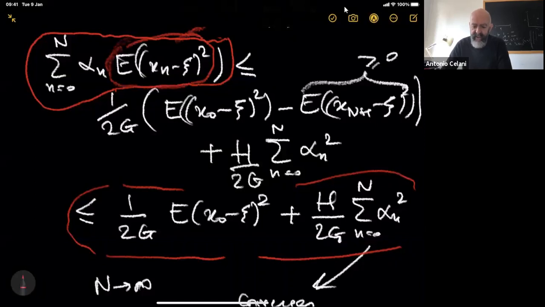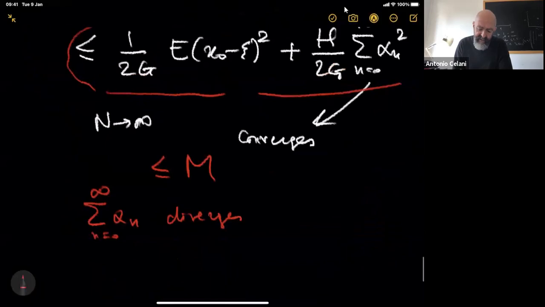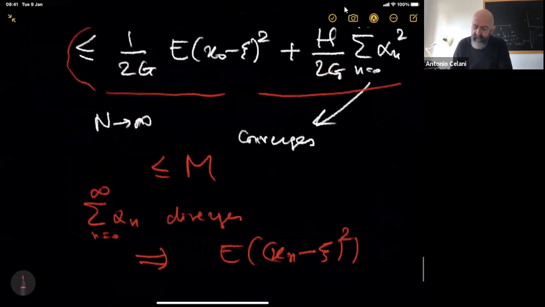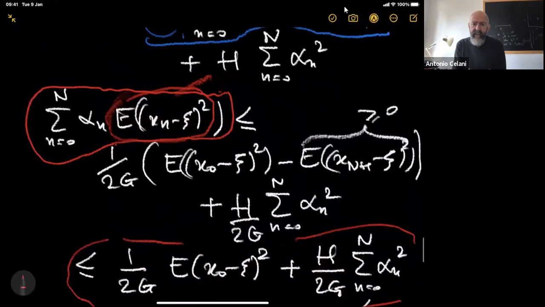So this implies that the expectation value of x_n minus psi squared must go to 0. You see, I have something which is finite on the right, and I have a series of terms on the left, which has one part here that doesn't go down fast enough because it will diverge in the sum.